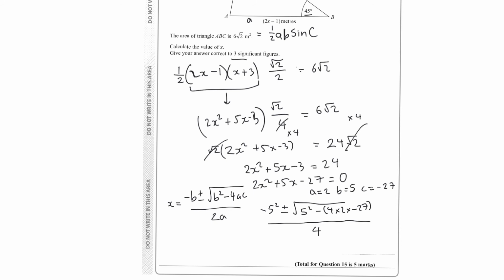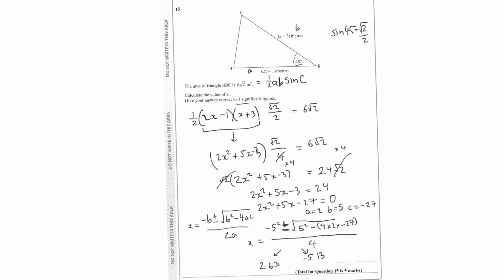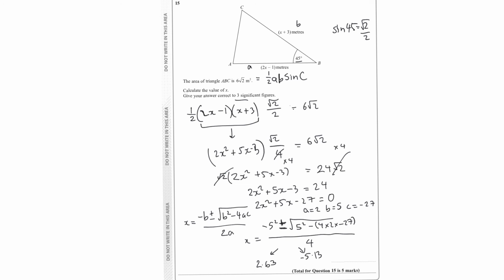If you put that into your calculator, remember you're going to end up with two answers, because you work it out where you add the root and where you minus the root. When you add the root, you should get an answer of 2.63. When you minus the root, it should be 5.13. Because you're working out just the value of x, and with length you can't have a negative length, really and truly the only answer for the value of x is 2.63.